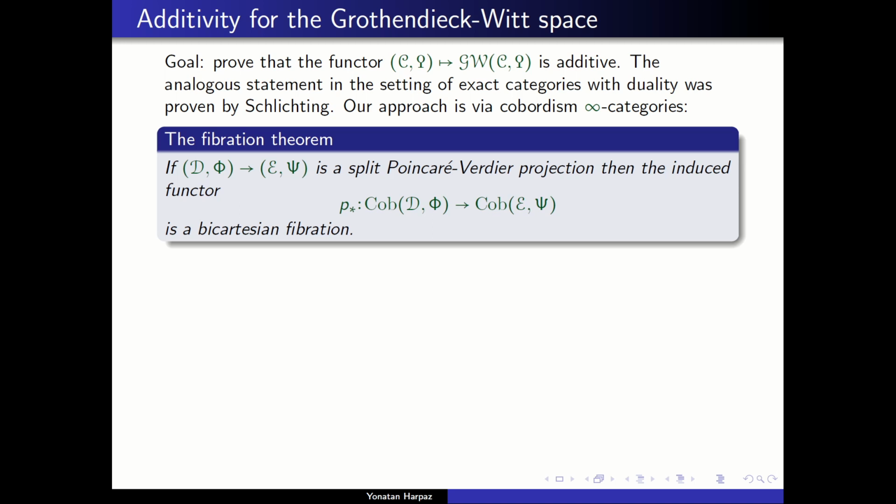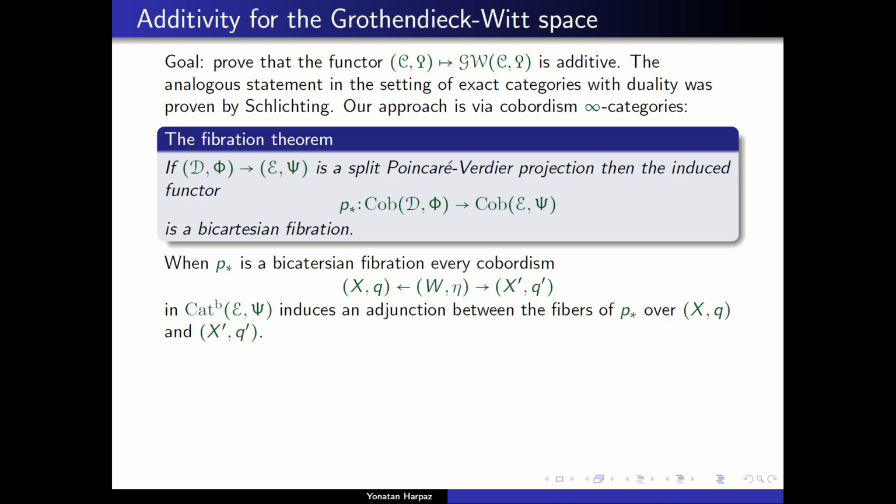And it says the following. If we have a Poincaré functor from (D, Φ) to (E, Ψ), which is a split Poincaré-Verdier projection, then the induced functor on cobordism infinity categories is a bicartesian fibration. Here a bicartesian fibration means a map that is both a Cartesian fibration and a co-Cartesian fibration.